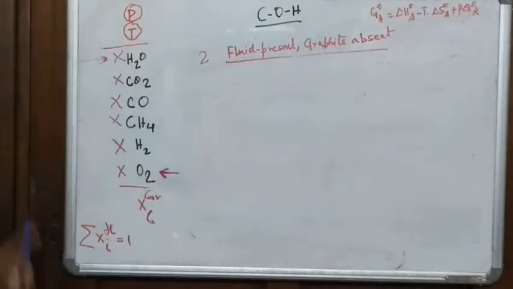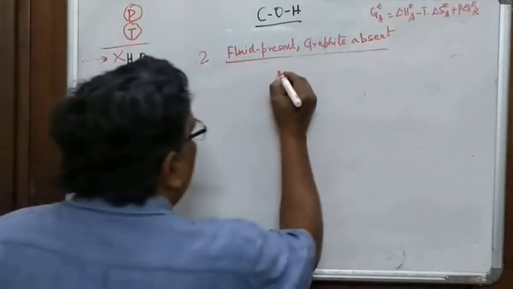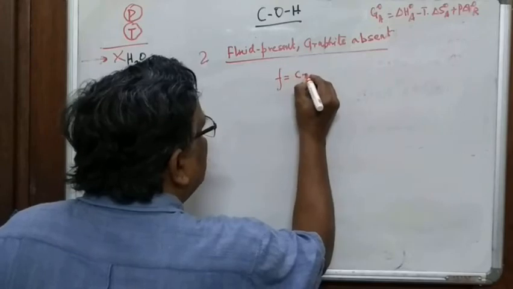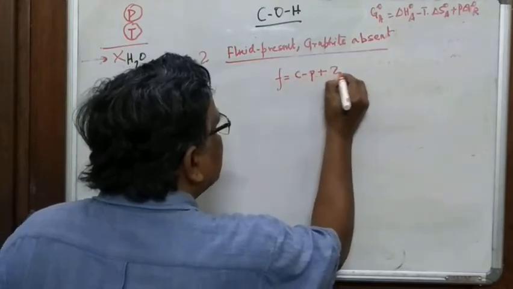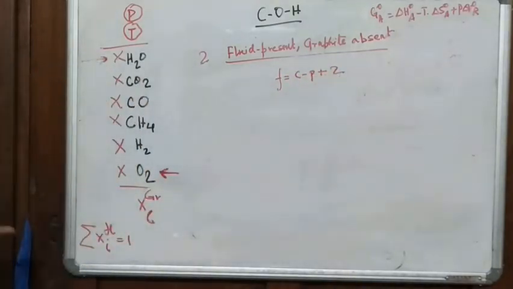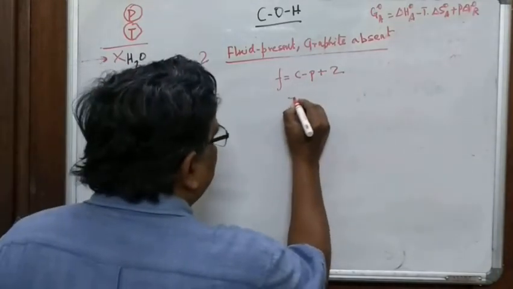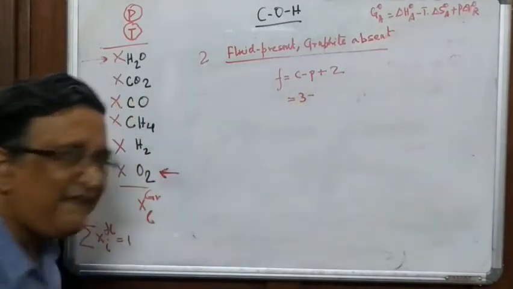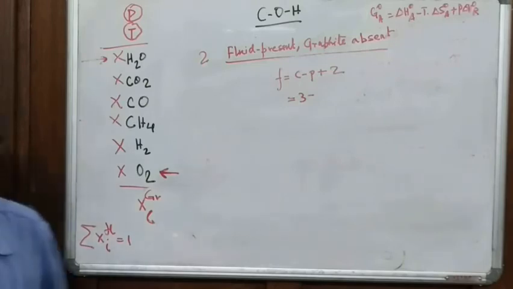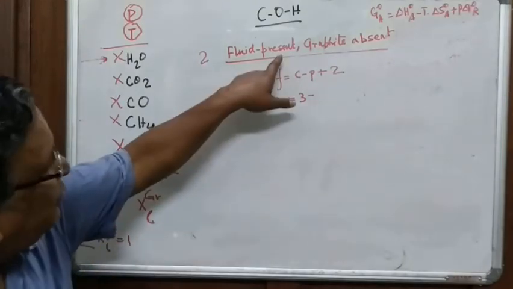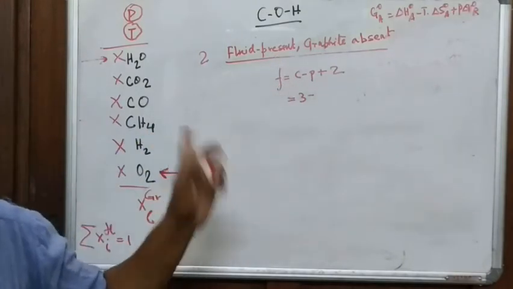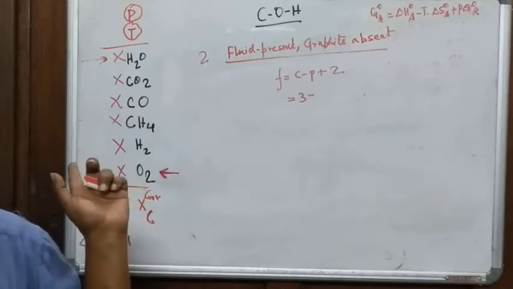Now, F is equal to C minus P plus 2. What is C? Obviously C is 3. And phase: one phase, fluid present. Graphite is not present, so it's not a phase.